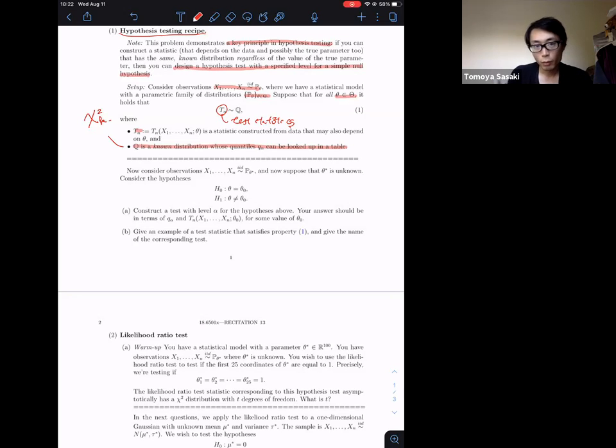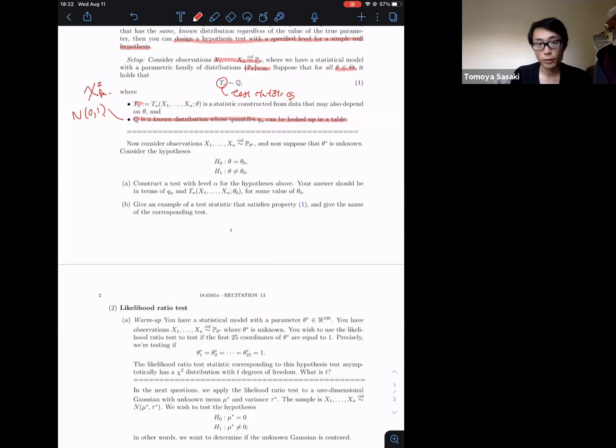We use this distribution when we're doing the Wald test, right? And if you're doing the likelihood ratio test, we're going to see this distribution again. And if you're doing an asymptotic test, for example a z-test, we use the standard normal distribution. So these distributions correspond to Q, which we use to construct any test statistics. That's the basic setup.